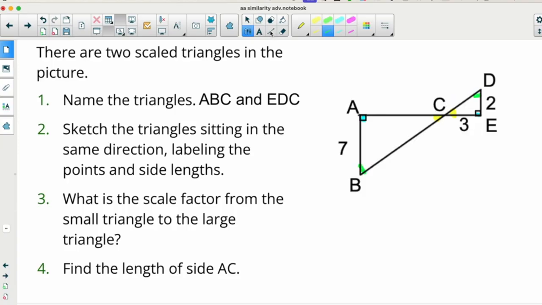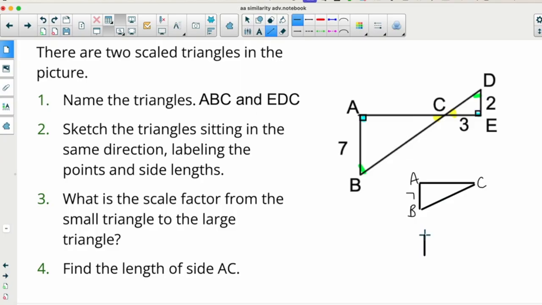So if I draw my triangles, I have this big triangle that I'm going to leave in the same direction. And this is A, B, C. And I know AB is 7. And then going this way, I want to turn this one around so it's facing the same direction and that right angle is in the same position.